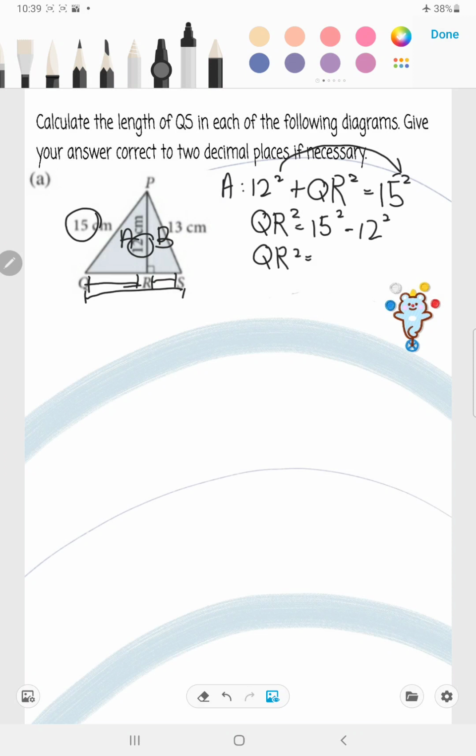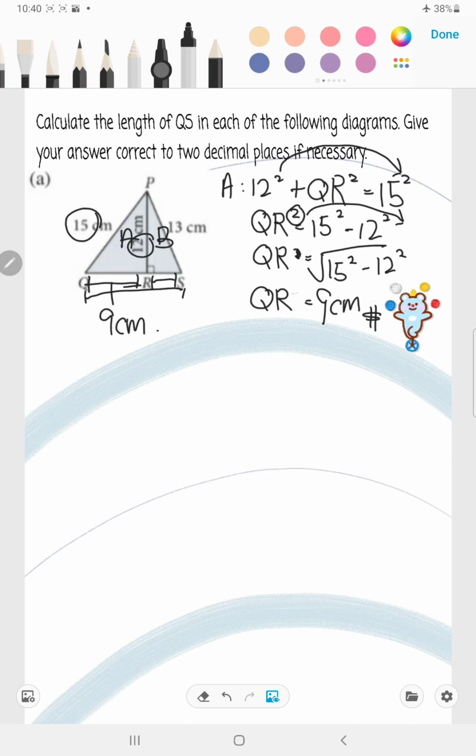The square, you have to move to the other side, so you will get 15 square minus 12 square, and QR is 9 cm. So now you got QR, which is 9 cm.